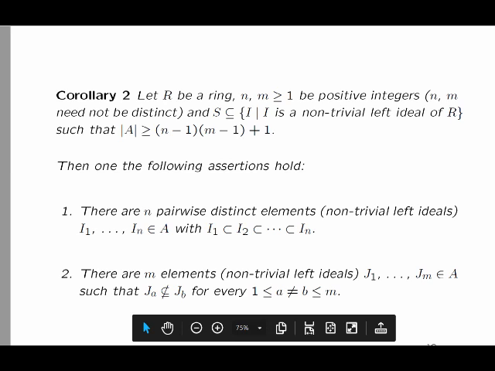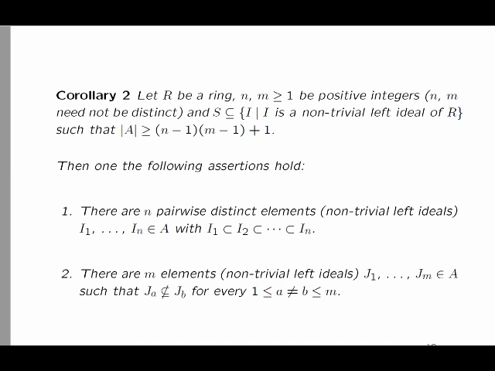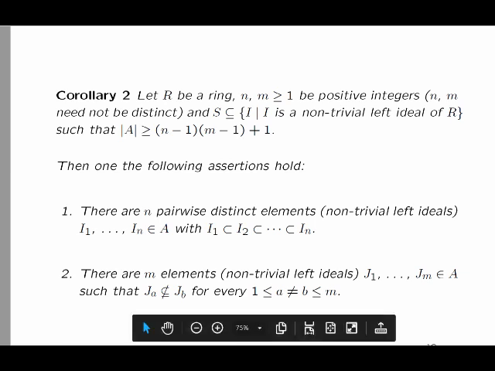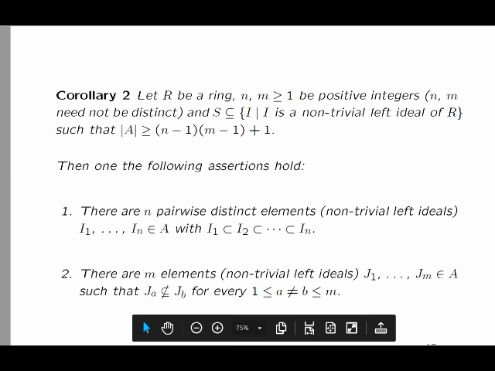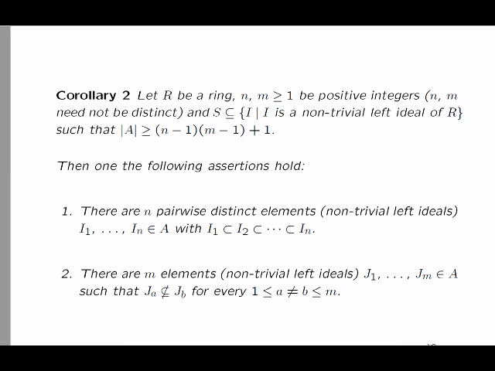So I went to Z and selected 13 ideals randomly. Then I should have this, or I should have this. These are implications of what I call the Ramsey number.